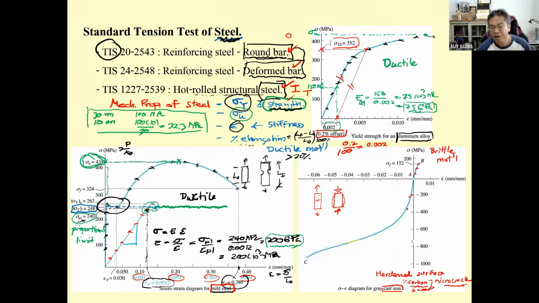So this kind of material can take very large compressive force, and that is proper, because in the railway, the force from the wheel compresses the rail, and most of the time the cast iron is used to resist the compression. This is what we have from the previous one.